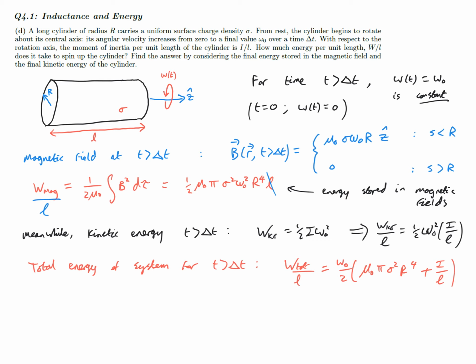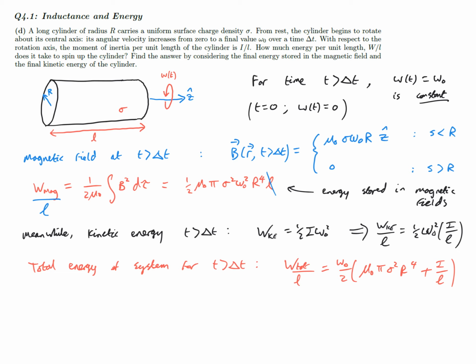So what we're asked in the question is, what is the work done to spin up the cylinder? And initially, there's zero energy in the system because there is no rotational energy associated with a spinning cylinder because it's not spinning initially. And there's no energy stored in the magnetic fields because the magnetic fields are zero initially, because nothing is rotating and there's no current flowing around the surface of the cylinder, which means it's not a solenoid, it's just a charged cylinder.